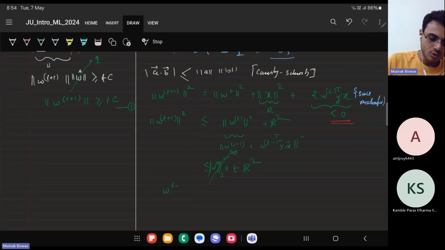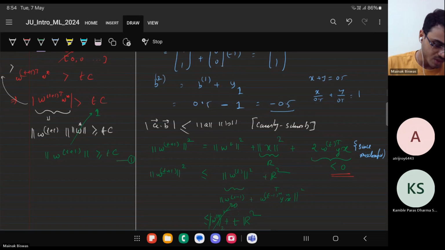So what do I get? Wt plus 1 squared has to be, so t plus 1, if t is equal to 0, then I'll have 1. I think I'll have to get t plus 1, right, in all these equations. So if t is equal to 0, I will get 1, right?